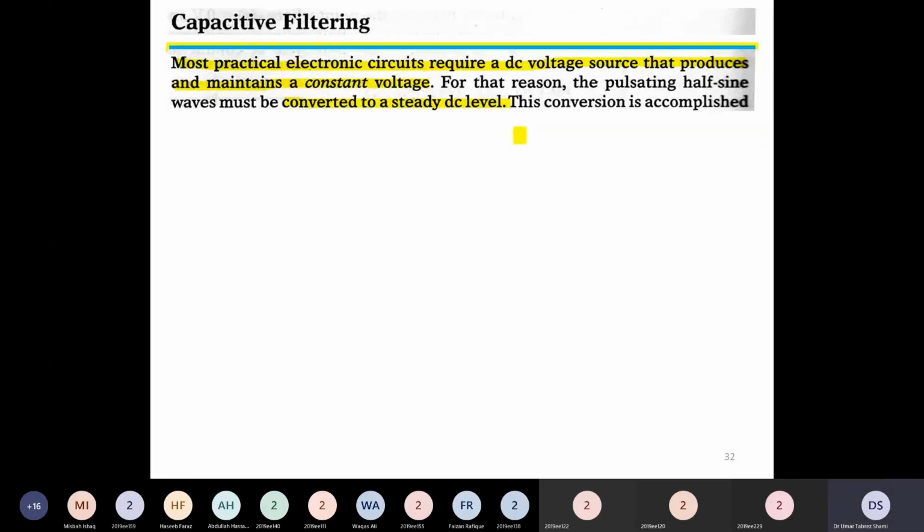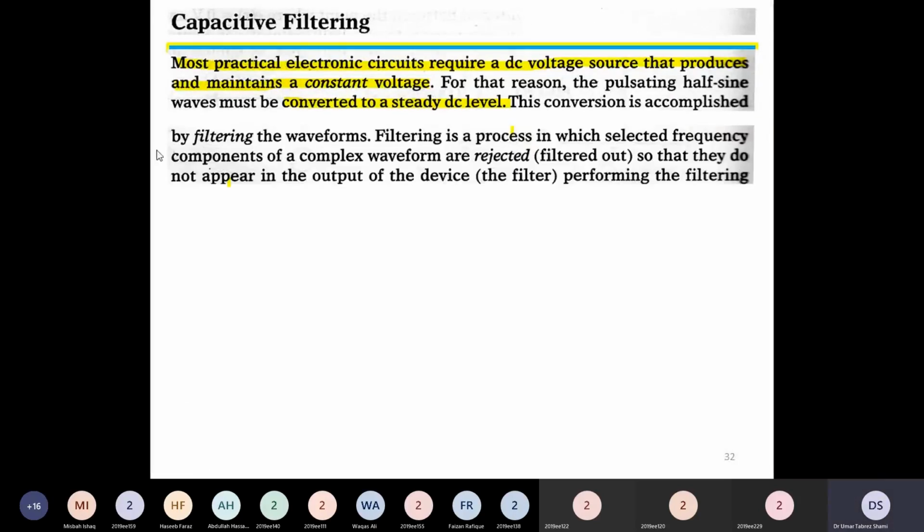And this conversion is accomplished by filtering the waveform. Filtering is a process in which selected frequency components of a complex waveform are rejected, that is, they are filtered out so that they do not appear in the output of the device.